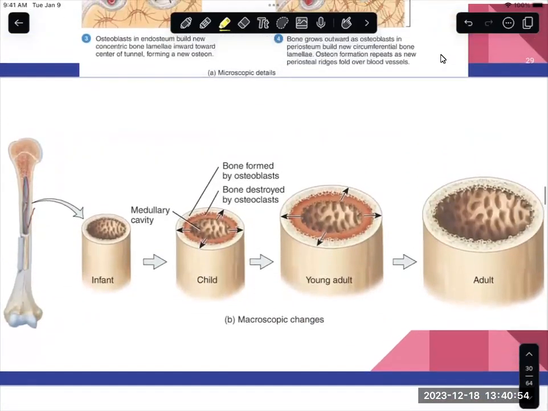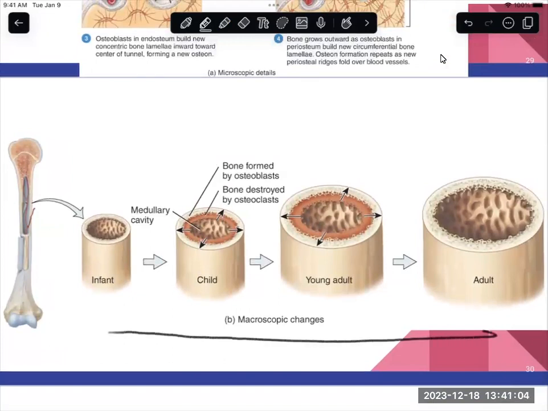So it's a natural process that happens when you go from an infant all the way to an adult. That bone grows thicker out, but the inside also gets taken up. So then we're left with this large medullary cavity in the middle.